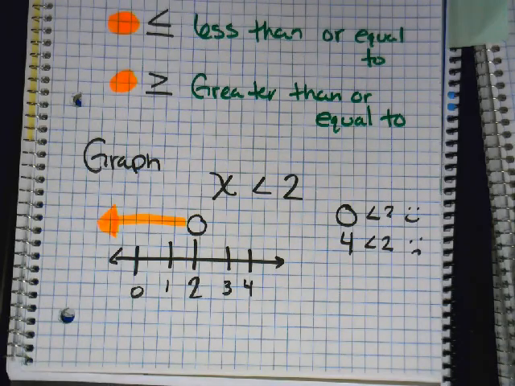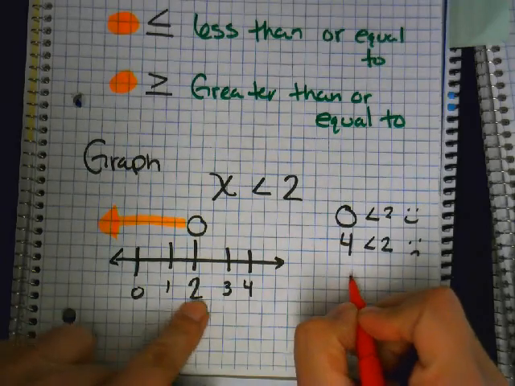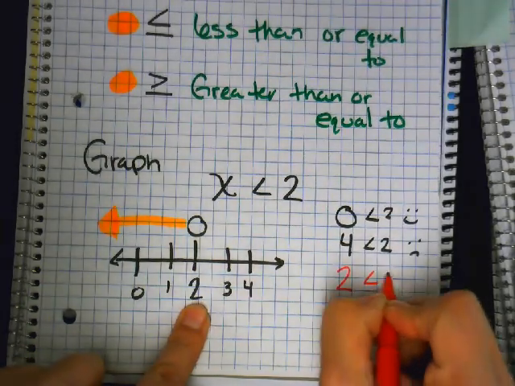Can anybody speculate, make an educated guess, why it's an open and not a closed circle at this point? Because the variable isn't equal to it. Yes, exactly. Can I use 2 as my answer? No. Is 2 less than 2?